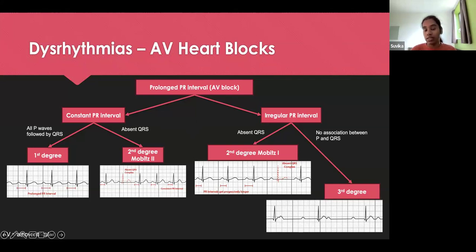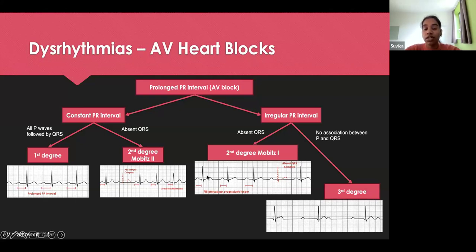Third degree is like the extreme of the spectrum. Nothing is working together. Your P waves are doing their thing, your QRS is doing its thing, but they're not working together. Hence you see some funny looking almost T waves here, because your P wave is actually merging with the T wave, so you've got two waves next to each other.